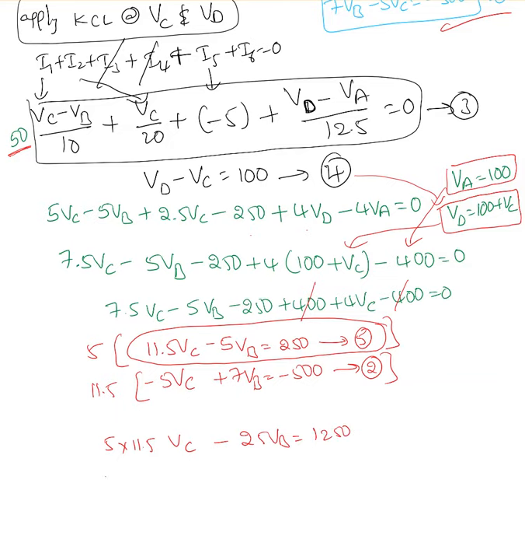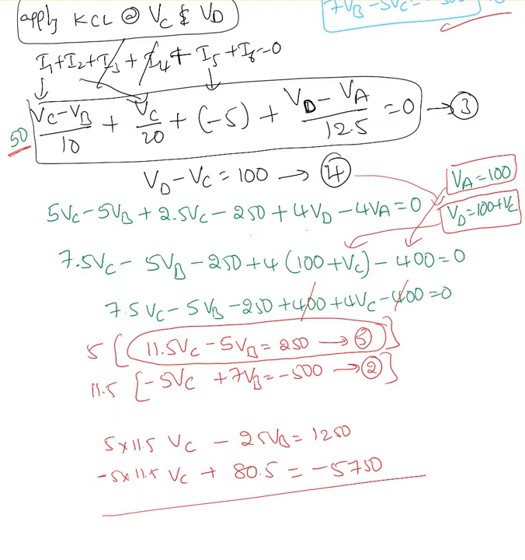Now negative 5 times 11.5VC plus 7 times 11.5VB, which is 80.5VB, equals minus 5750.